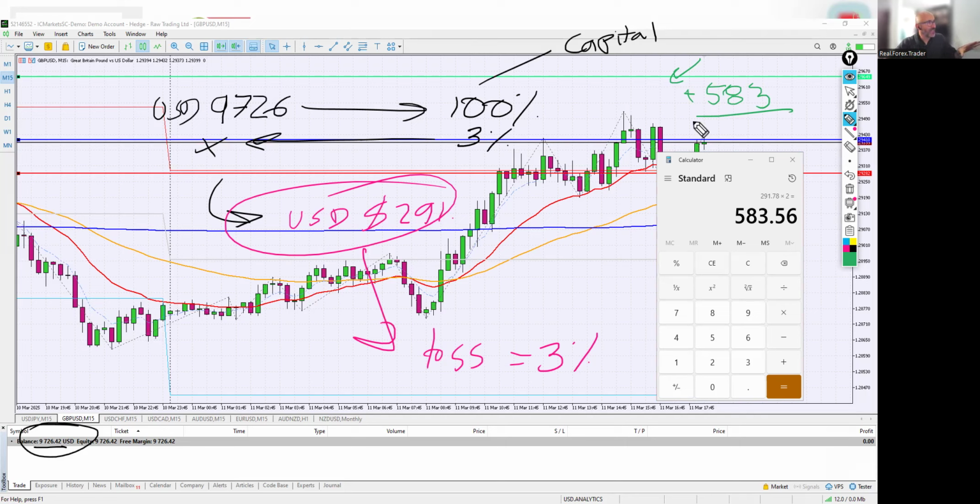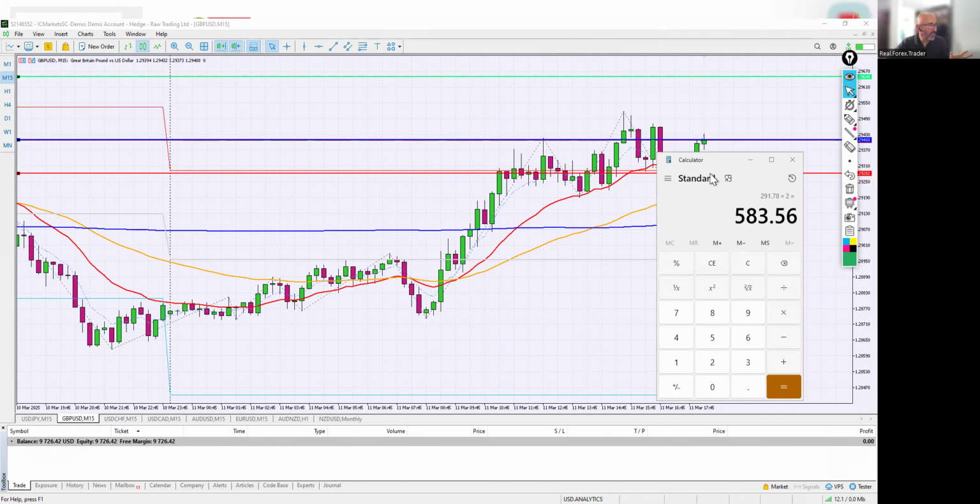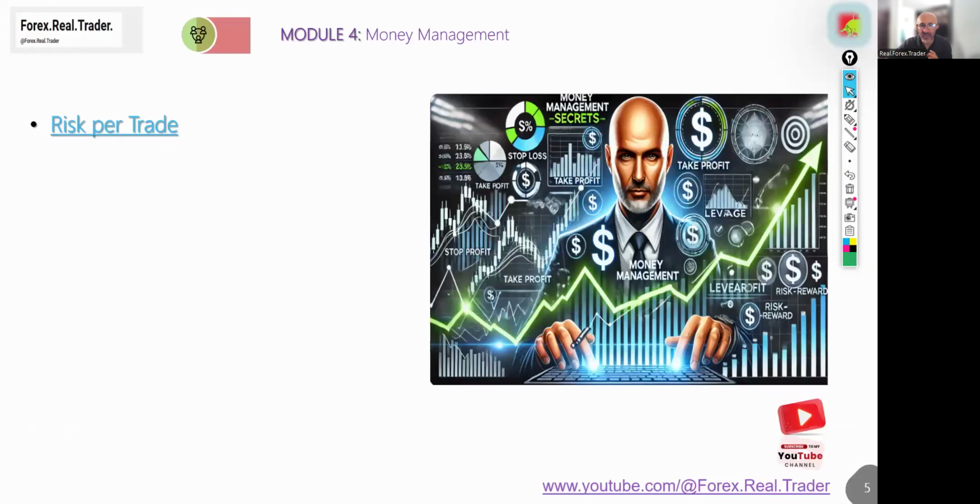You can do this in this way, but you can also use, for this calculation with the lots, some websites that are very interesting in order to do these kinds of calculations. So you won't need to take into account the number of pips or things like that.